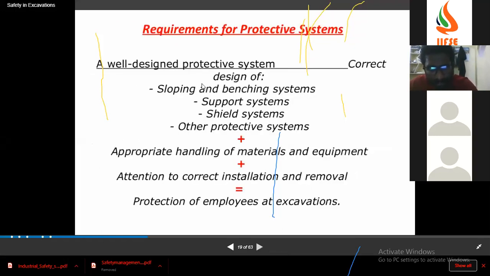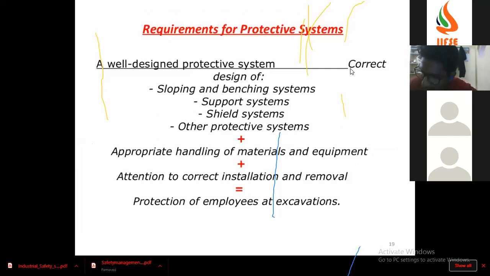See, a well-designed protective system. I just want to clarify one thing, I just want to correct it. This is not only about olden days; we have to consider the length of the excavation. If the length of the excavation is around kilometers, then they do sloping. For example, culverts, you can see sloping, right?